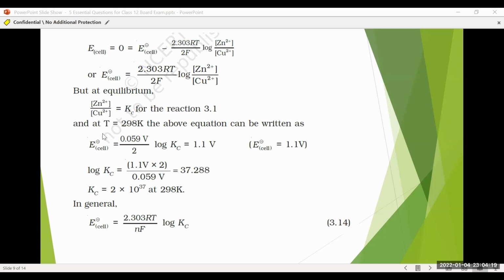You will find this electropotential difference, standard, is always equal to 1.1 volt, as we calculated earlier in galvanic cell. It is equal to E cathode minus E anode.